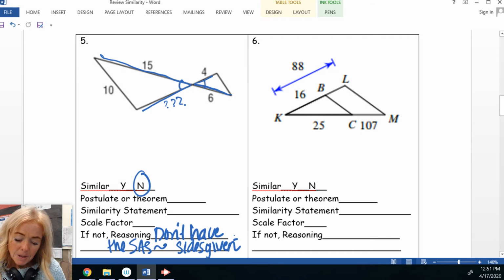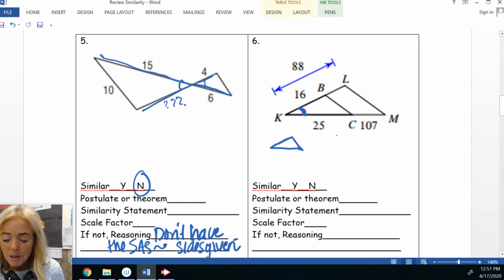Now the next one, are they similar, yes or no? Let's see. We have this angle K. It's going to be congruent to itself because these are ones we can separate. Remember, we did that on a few homework problems. So we have K, B, C, and L, K, M. So angle K is the same.